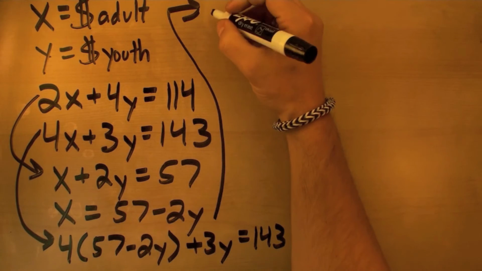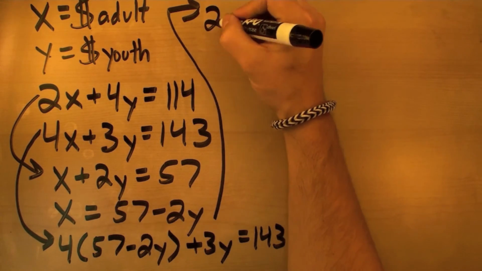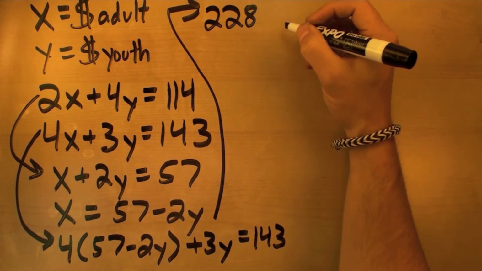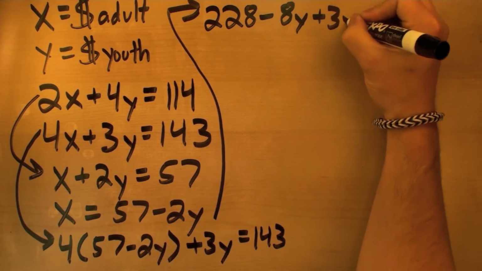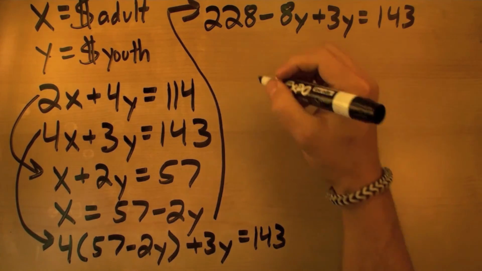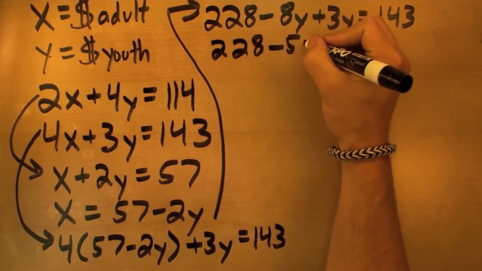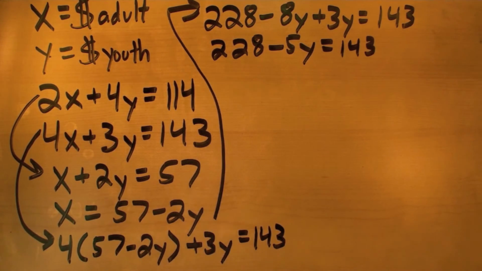So continuing up here, we get that 228 minus 8y plus 3y equals 143. So 228 minus 5y equals 143.